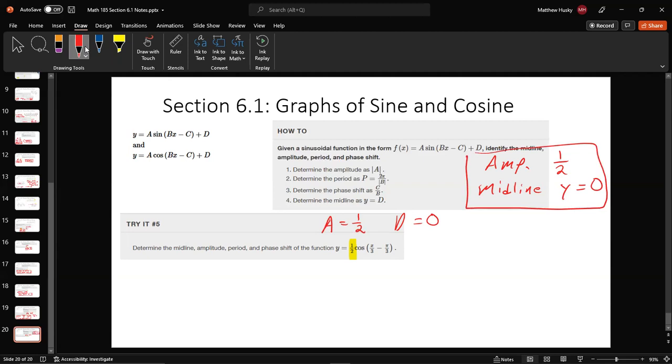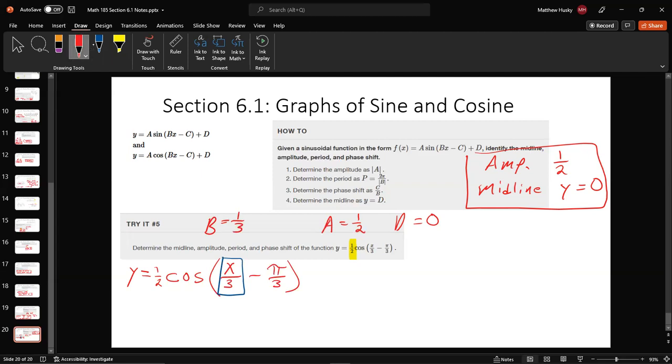Meanwhile, we need to figure out what's going on with the phase shift and the period. So this one's a little more challenging than the other ones. So we've got x over 3 minus pi over 3. To get x over 3, that means the value of b would be 1/3.